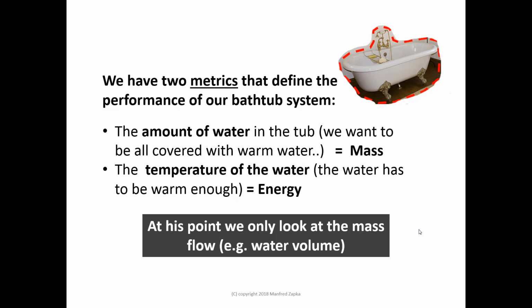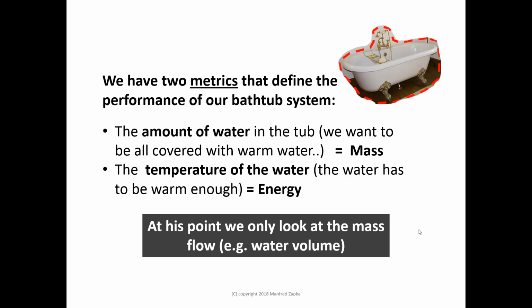So we go on and define what kind of metrics we have to use in order to define the performance of our bathtub system, in a way the function is defined. The first one is the amount of water in the tub, because we want to be covered all with warm water. You all know the sensation of being really nice. You just don't want the water to be only like 2 inches deep or whatever.